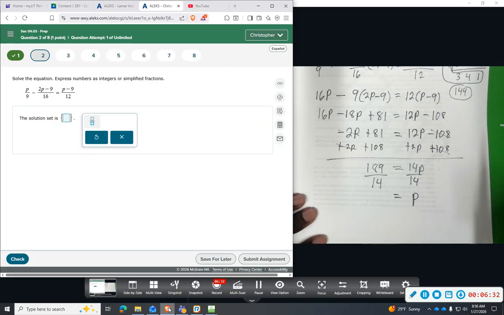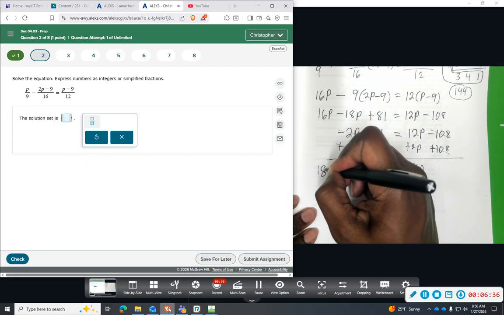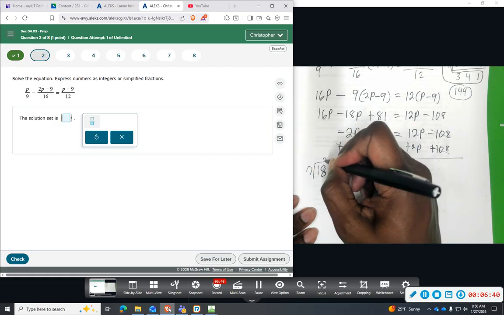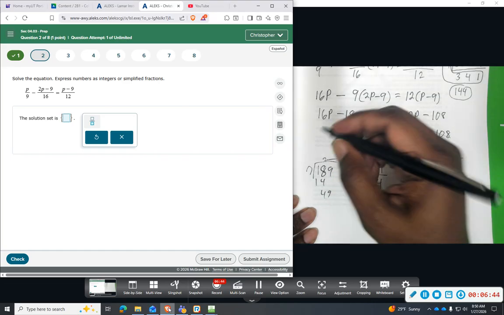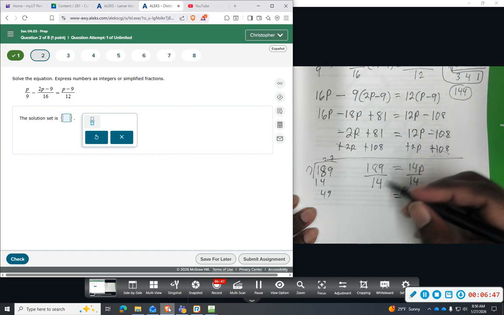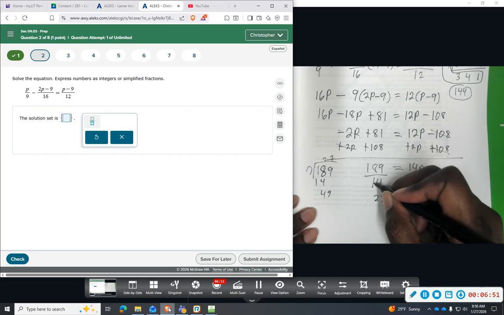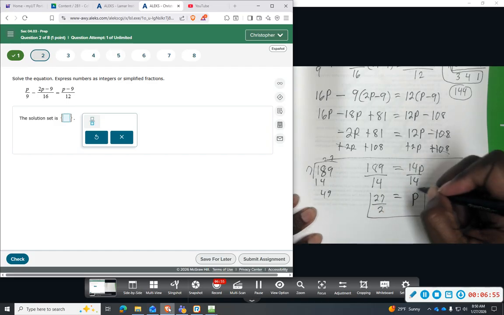You can use a calculator, but let's see, 189. 7 will go in there twice, and then 7 times 7 is 49. So divide by 7, that's going to leave us with 27. And 14 divided by 7 is 2. So p equals 27 over 2.